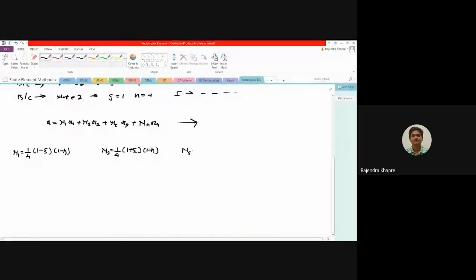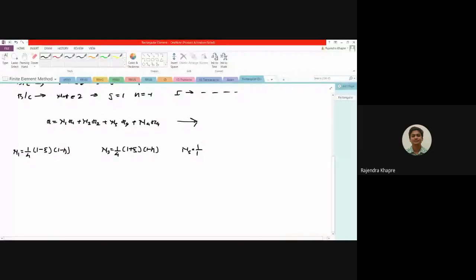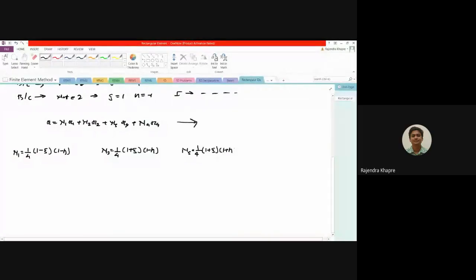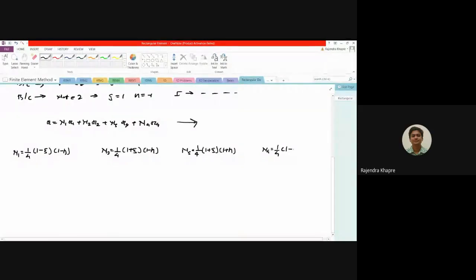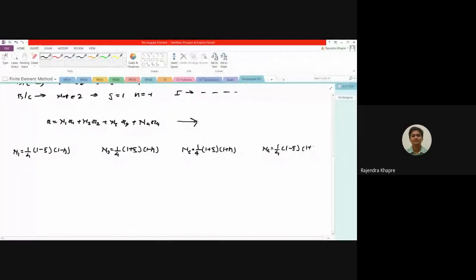On similar lines, n3 will be 1 divided by 4 into (1 plus xi)(1 plus eta). And your n4 value will be 1 upon 4 into, I think this will be minus, so (1 minus xi) and (1 plus eta). So these are the shape functions.